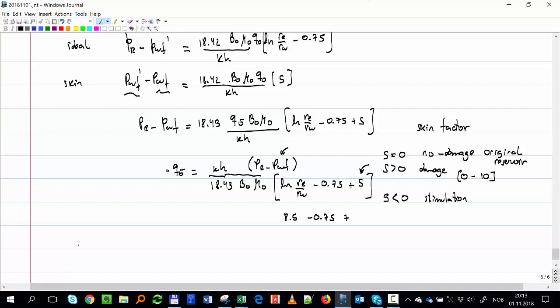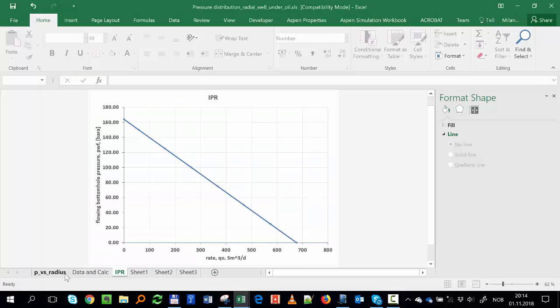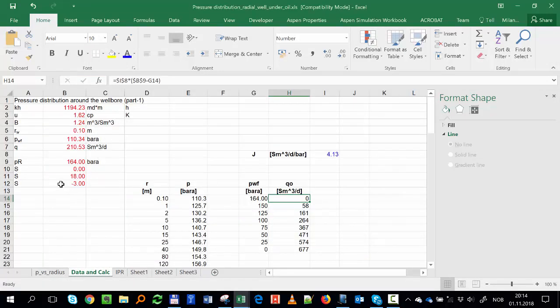So just to finish, we are going to make this exercise where we make another curve with skin 18. This was skin 0, and let's now do a plot for skin 18, for a damaged well, to see what the difference in the curve will be. So this is for S equals 0, and let's make one now for S equals 18.